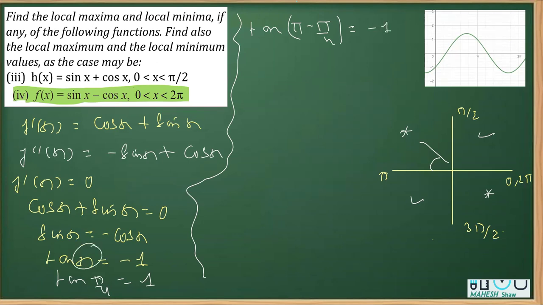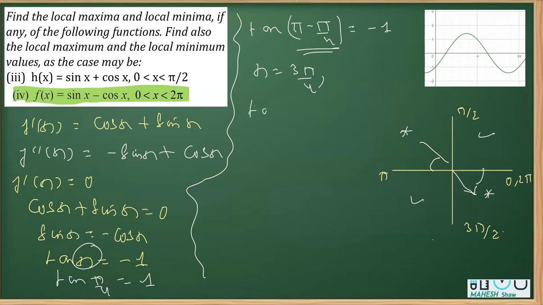Comparing this angle with this, I can say that x is equal to 4 pi minus pi, that is 3 pi by 4. Now further, an angle over here, where tan is negative, is written as 2 pi minus theta.